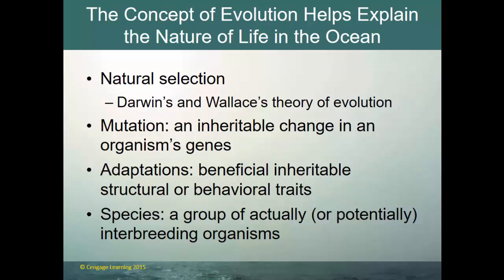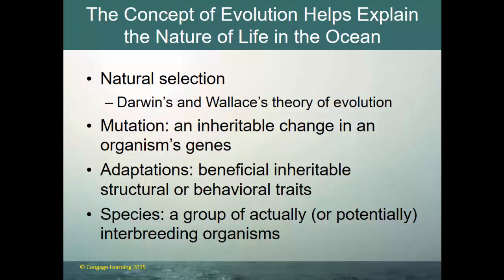Natural selection. Two scientists, Darwin and Wallace, had a theory of evolution, thinking that mutation was an inheritable change in an organism's genes. There was a change in the genes, that was the mutation, and that change could be inherited from one organism to the next through reproduction. Adaptations are beneficial, inheritable, structural, or behavioral traits.